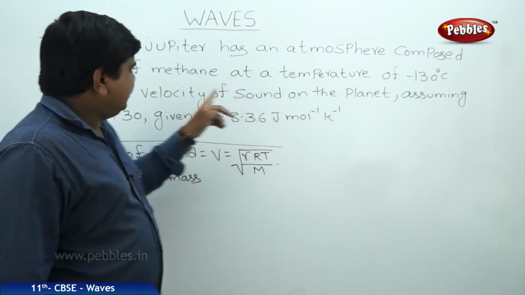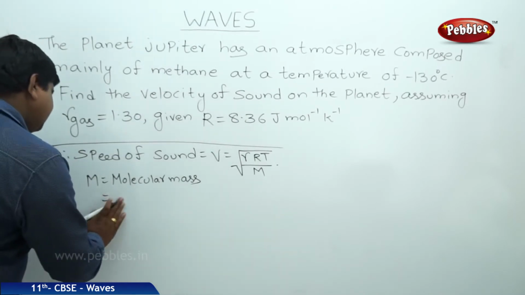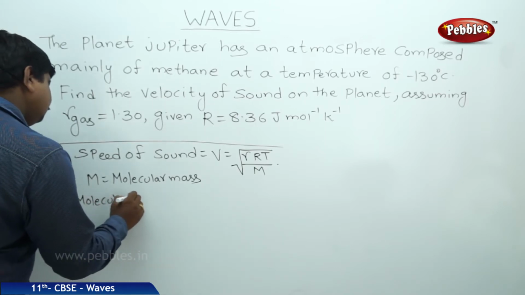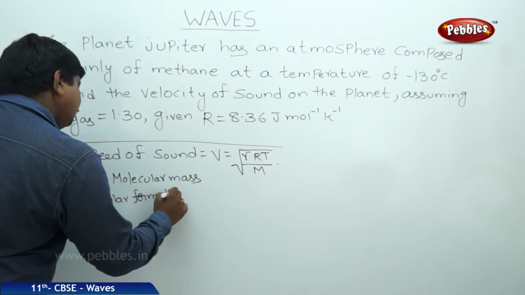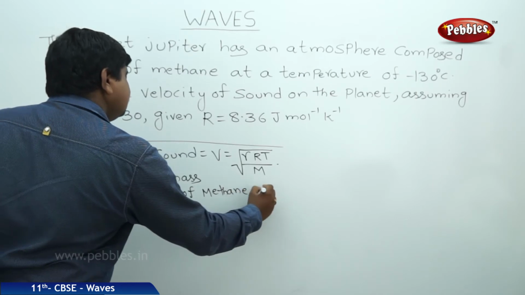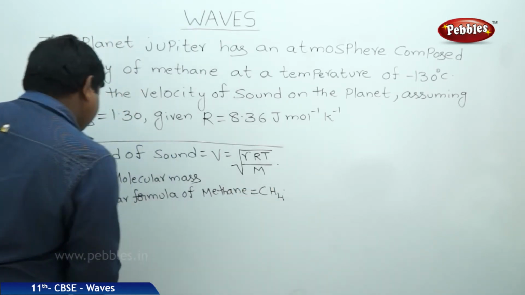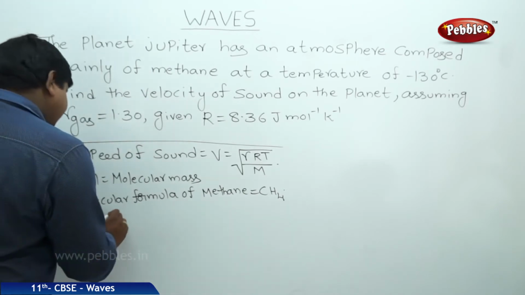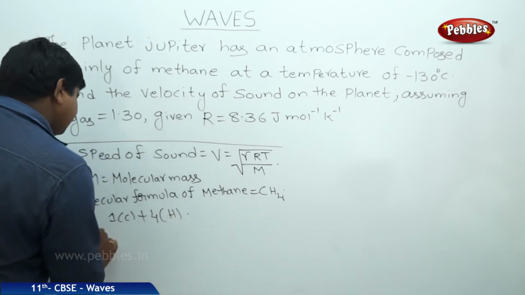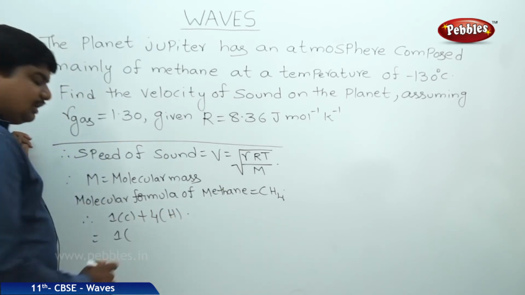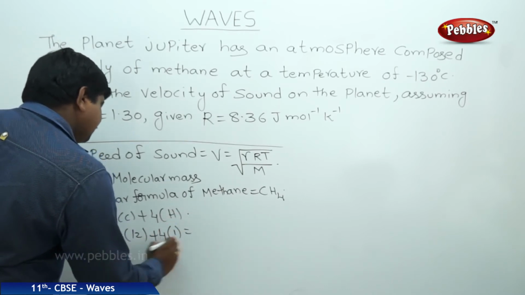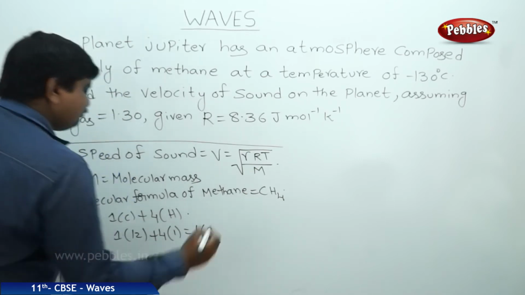It is methane, and the molecular formula of methane is CH4. So its molecular mass is 1 into the molecular mass of C plus 4 into the molecular mass of hydrogen. 1 into the molecular mass of carbon is 12, and 4 into hydrogen's molecular mass of 1 is 4. So it is 12 plus 4, 16 grams.